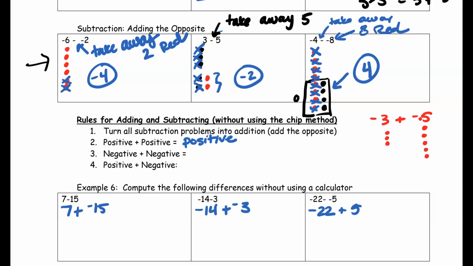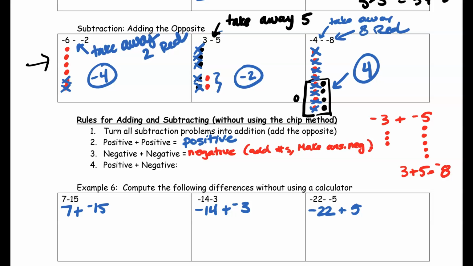All you need to do is add how many chips you have. So you're going to take the numbers, 3 plus 5 equals 8, and then make your answer negative. So a negative plus a negative is always going to be a negative, and you're just going to add the numbers and then make the answer negative.